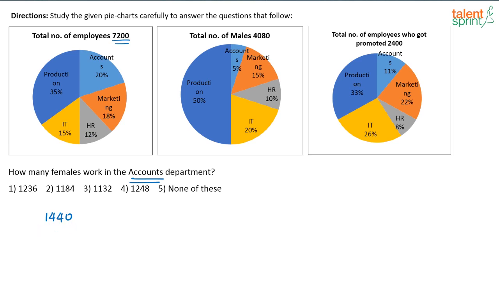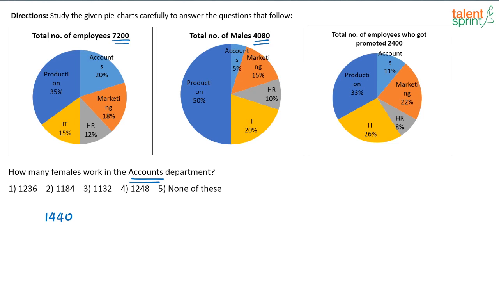Now out of this, how many male members are there? The total number of males in the organization is 4080. Out of this 4080 men, 5% are in the accounts department. What is 10% of 4080? 408.